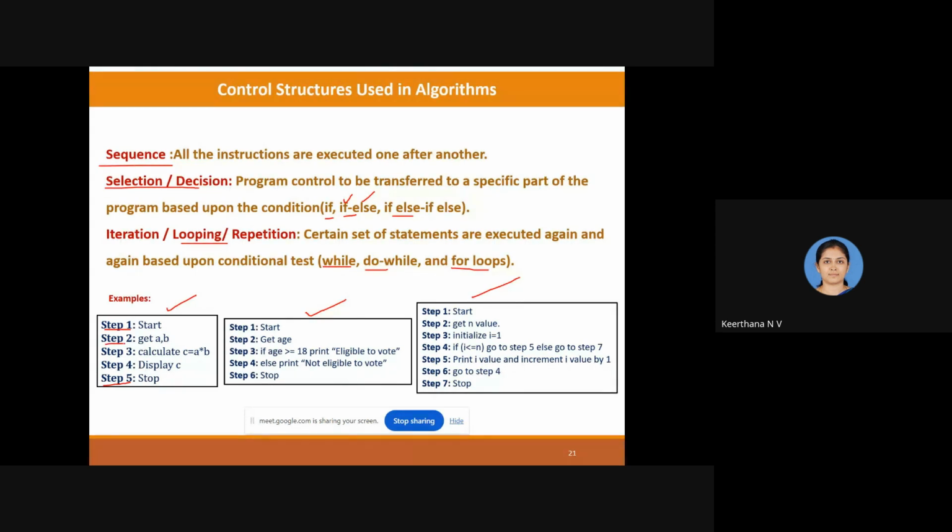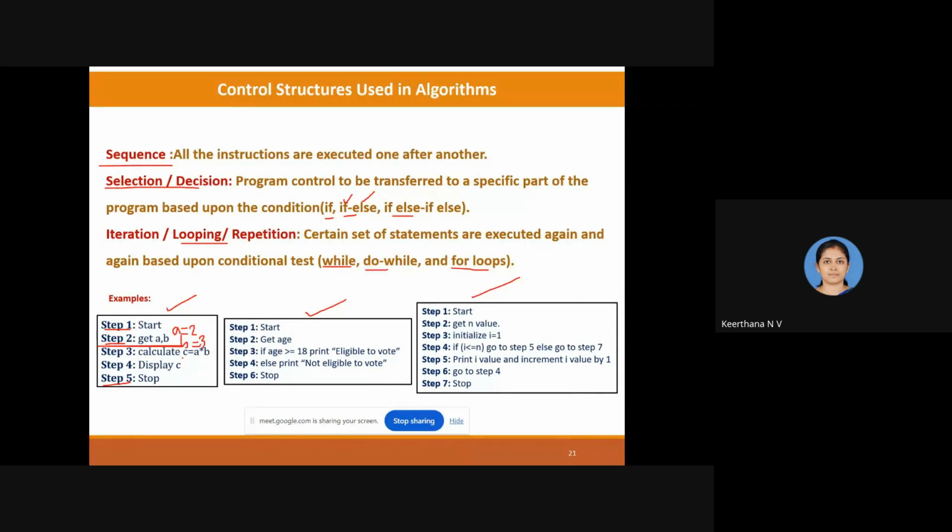In step two, you have to get the inputs from the user, or you can assign the inputs here. A equal to 2, B equal to 3. Like that, you can assign them here itself. You can write the algorithm as get A equal to 2, get B equal to 3. Third, you are going to perform a multiplication of these two numbers.